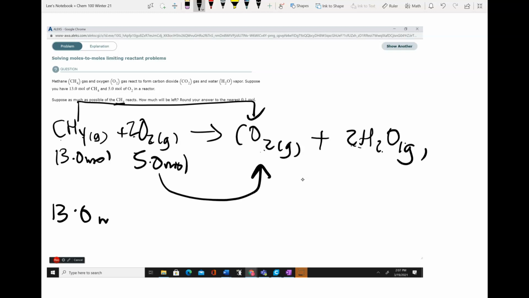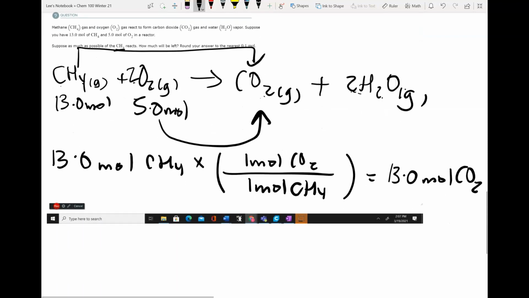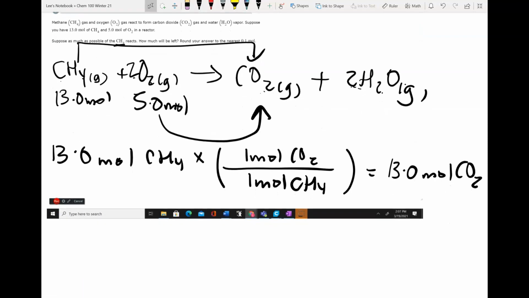So 13 mole of CH4 times 1 mole of CO2 for every 1 mole of CH4, and you guessed it, we get 13 moles of CO2 if all of my methane reacts.